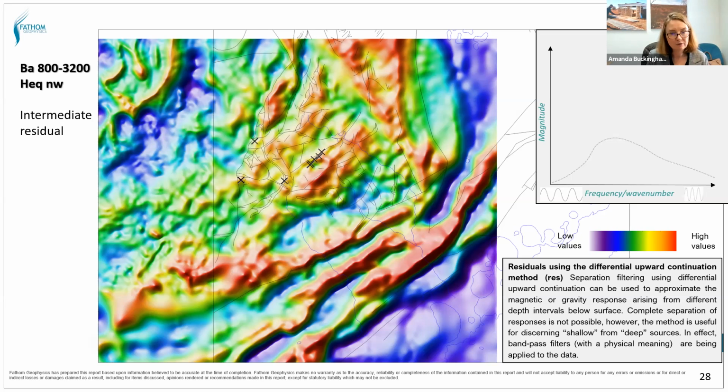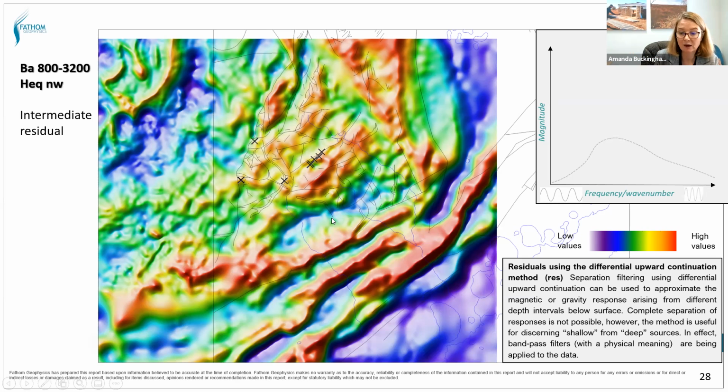There is no perfect way to separate the responses, and certainly the degree to which that works depends on the nature of the geology. But I always say, give it a go and at least give yourself 3 separate products that are the high frequency, the intermediate, and the low frequency, so that you can build up your understanding of the area.